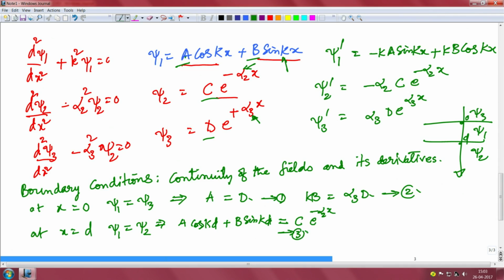This is one equation, and this has been obtained by taking the derivative, psi 1 dash equals psi 3 dash.